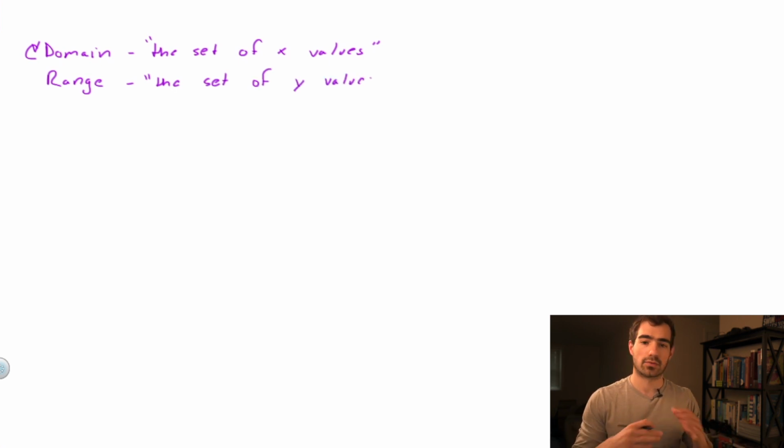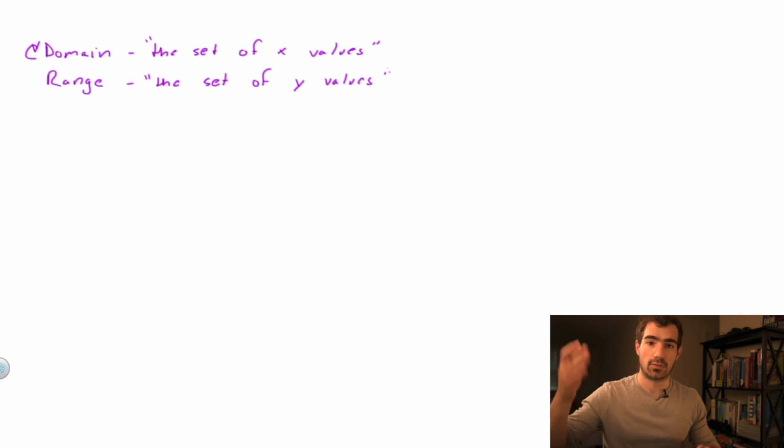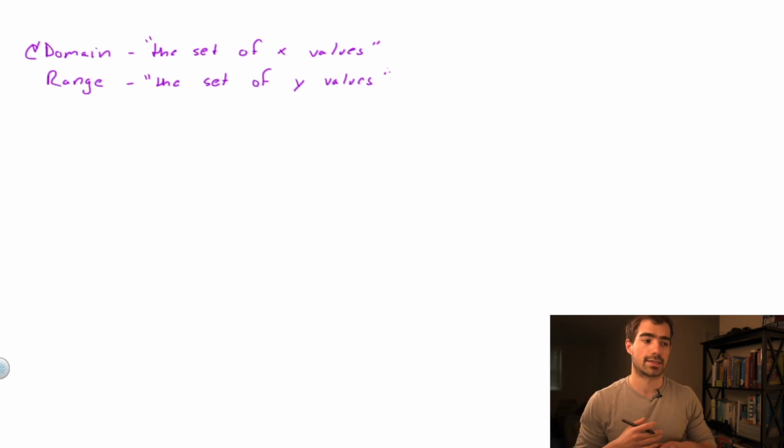And this is a great way to think about it when we're working with algebraic equations, right? And we can graph those on a plane, and there's some certain x values and x coordinates, and then some certain y values for some certain y coordinates. And so this works really well when thinking in that context. Domain and range, though, are actually a little bit more broad than that. And because they're more broad, we can apply them to a relation.